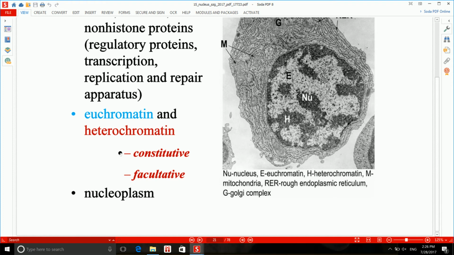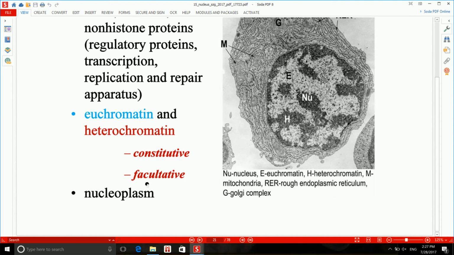It will always remain transcriptionally inactive. And where can we find these constitutive heterochromatins? On the telomeres or around the centromere of chromosomes. Now, if you do not know where the telomeres or centromeres are, I'm going to show it to you further in this lecture. So what is the difference between constitutive and facultative heterochromatin?